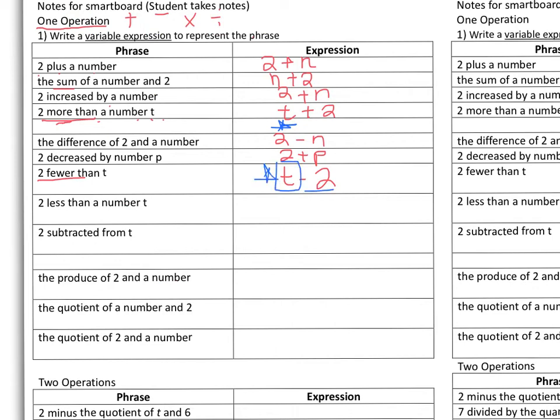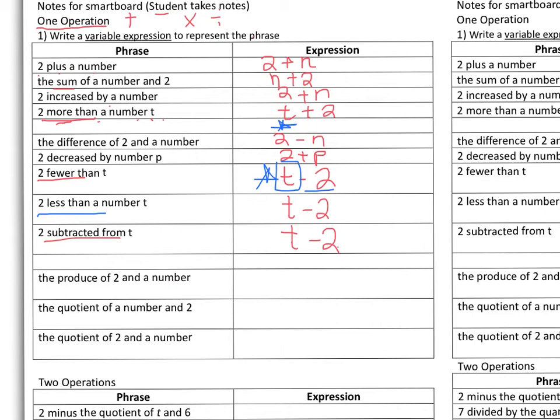So this is very important. T goes first. 2 less than the number t. Again, t is first. 2 subtracted from t. So same thing. T minus 2. The 2 is being subtracted from t.